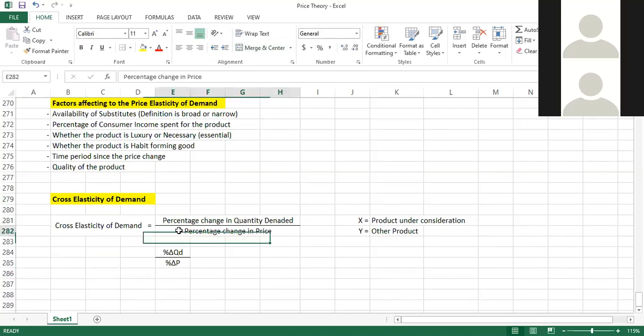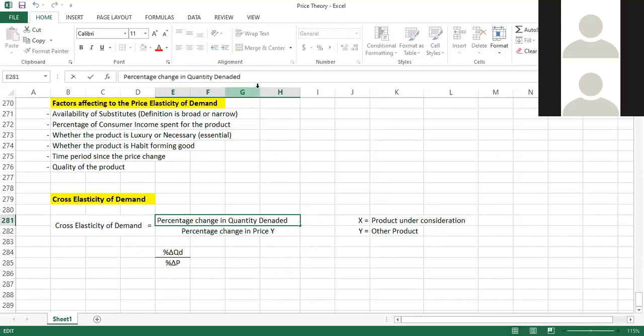That means we need to consider the percentage change in the price of which product? Price of X or Y? Y. Price of Y. When the price of Y changes by a certain percentage, what is the percentage change in the quantity demanded of X, the product under consideration?